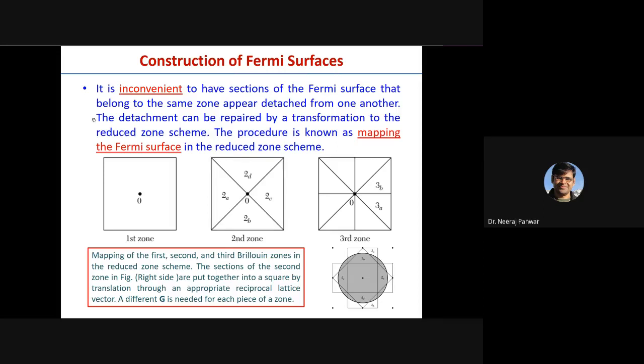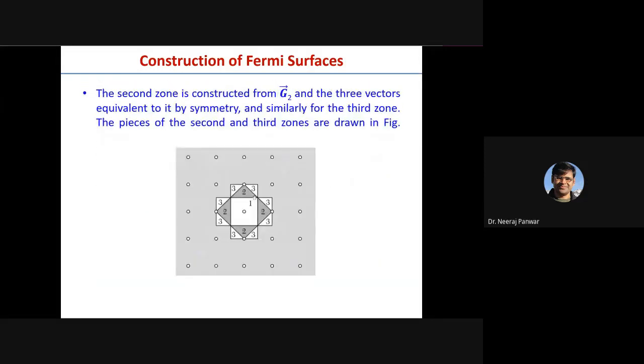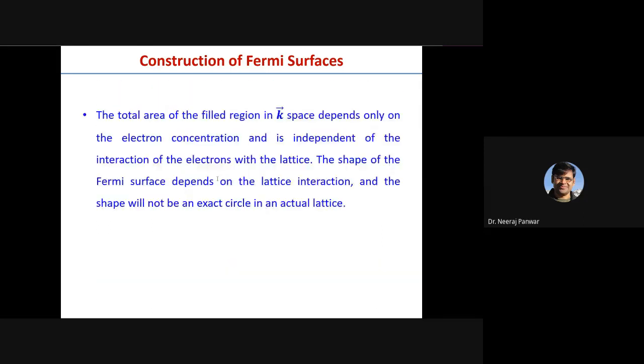So now, as we have seen, when we consider this picture, if we consider the second Brillouin zone, its different parts are lying at different locations. So it is not convenient, rather it is inconvenient.